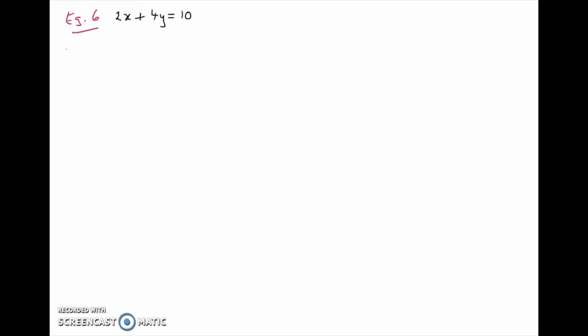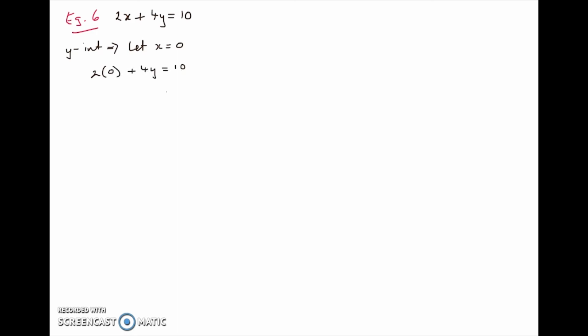So we find the y-intercept, and in order to find the y-intercept, we let x equal 0, and then solve for y. So we're going to substitute into our equation x equal to 0.